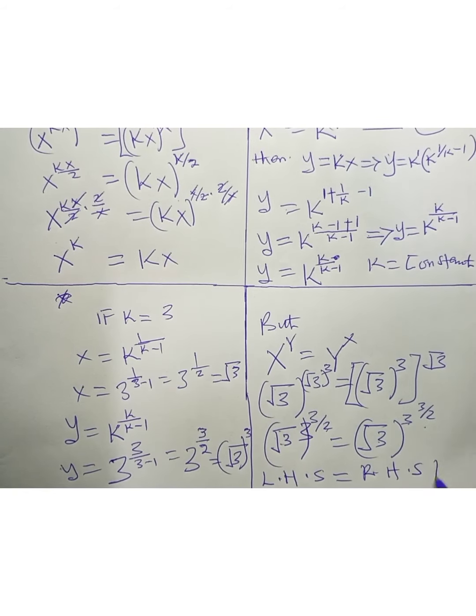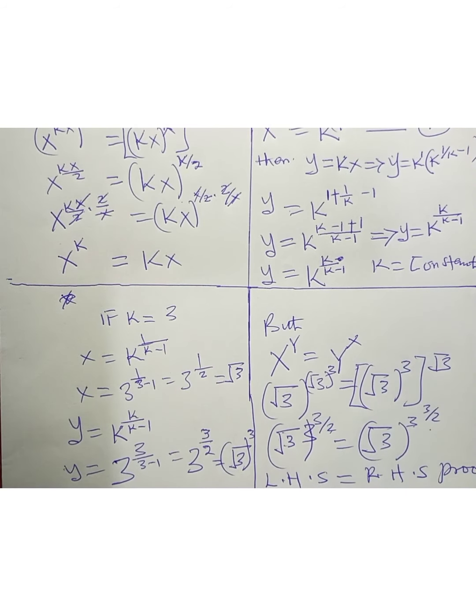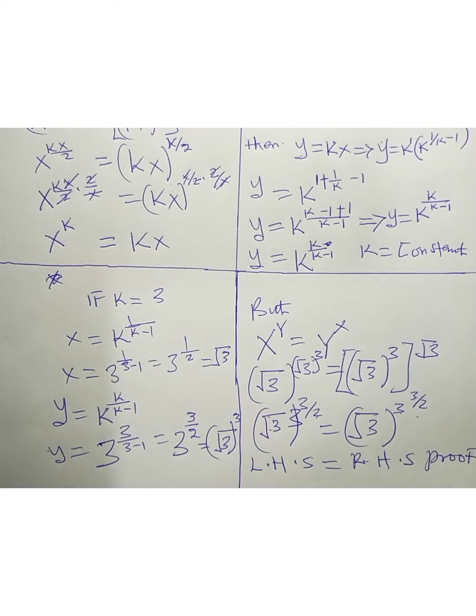That's to say, we have been able to prove that the equation is correct. We already have the values of x and y: our value of x is the square root of 3 and our value of y is the square root of 3 raised to power 3. So I've been able to prove that our answer and result is correct.